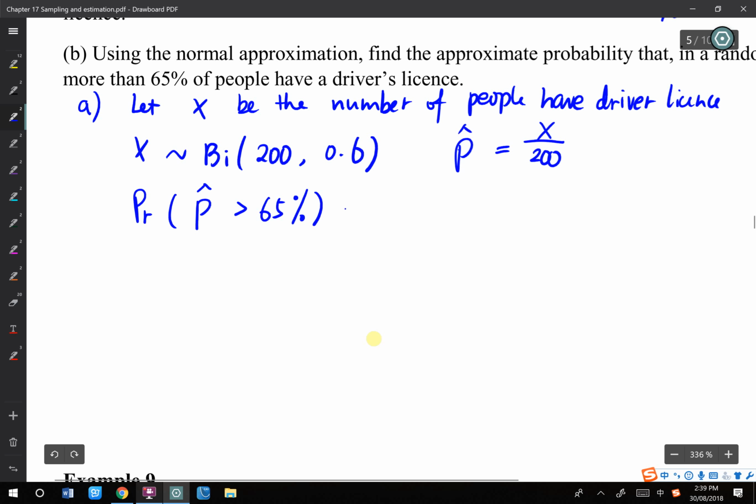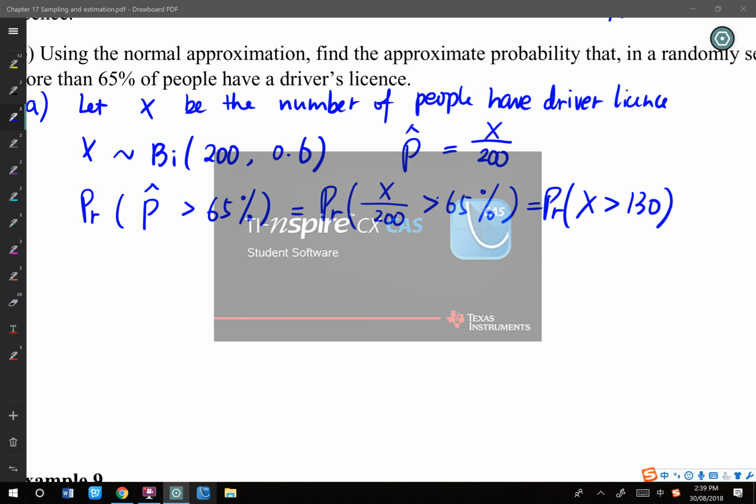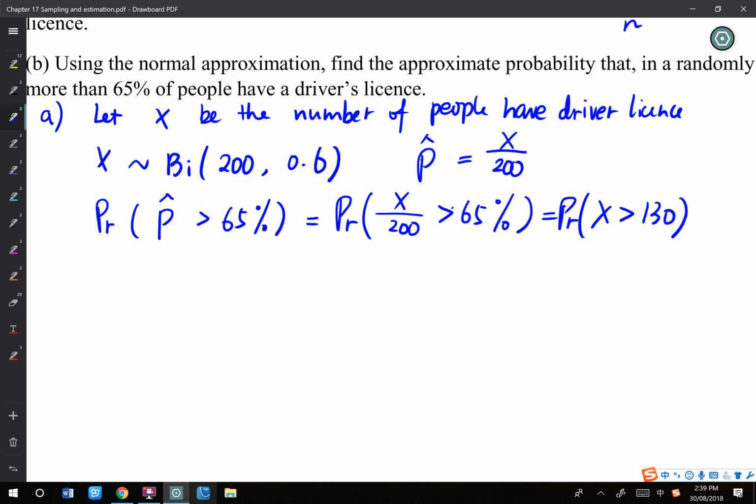Okay, then what we should do is the probability x over 200 should be greater than 65%. If you times 200 on both sides of the inequality, we have x greater than 130. Okay, in these 200 people, you need to have more than 130 people who have a driver license, then we can have a proportion more than 65%.